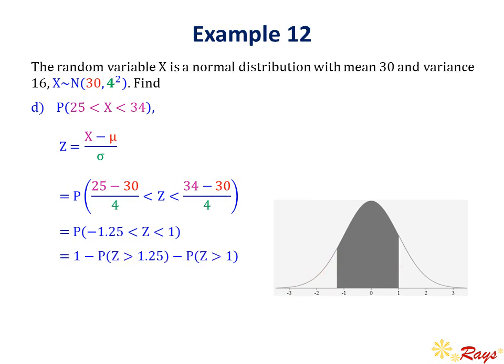So this is how it looks like. 1, which is the probability of the whole area of that bell curve, minus probability of z greater than 1.25. So it's actually this area, but we convert it to the right tail, and minus probability of z greater than 1. So from the standard normal table, these are the probabilities for this and that. And so the final answer is 0.6357.